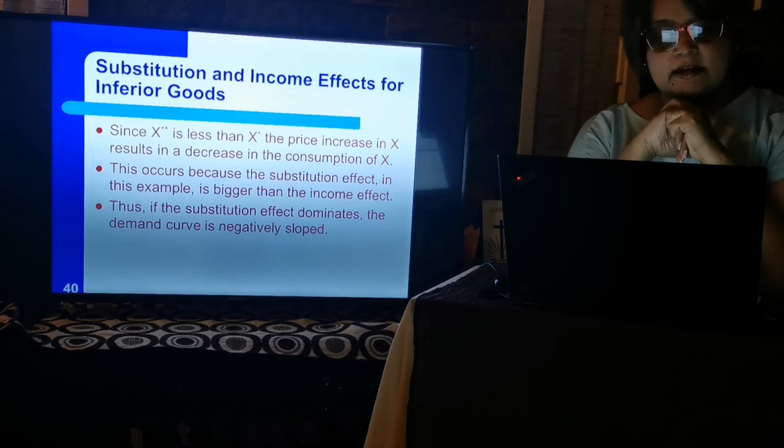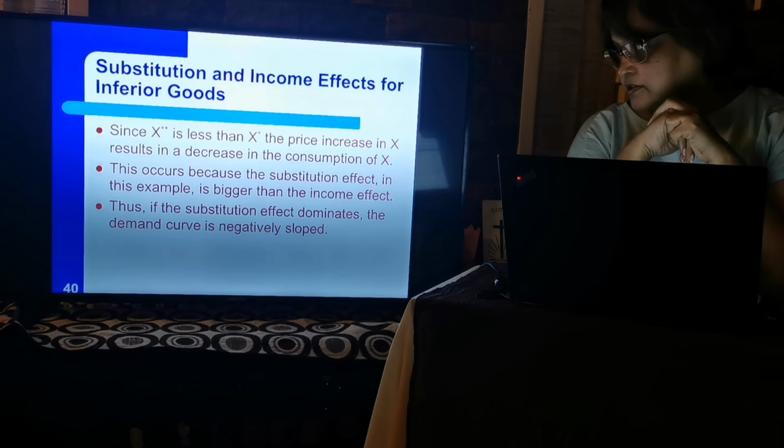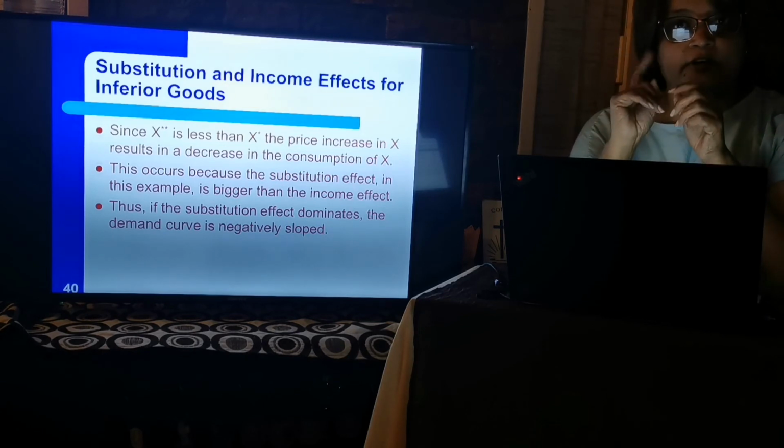Since X is less, the price increase in X results in a decrease in the consumption of X. And that's the inferior good.